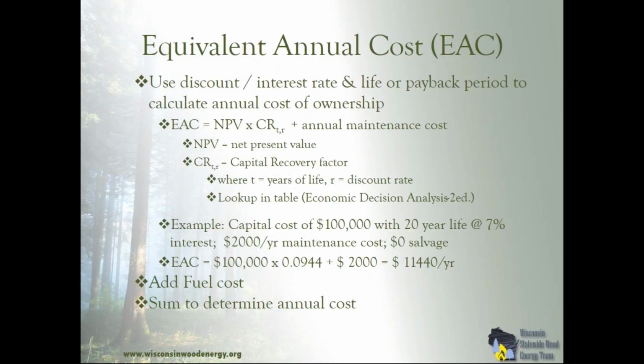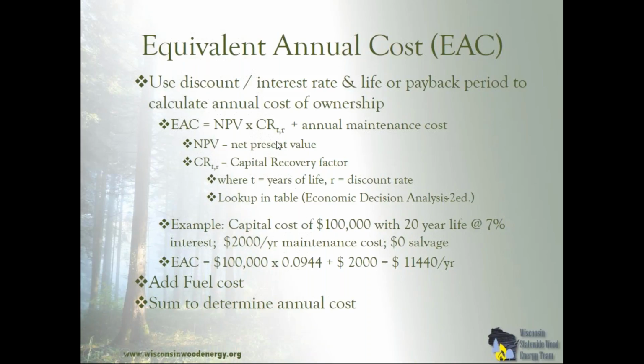One of the ones that I use kind of to figure out the annual cost is called the equivalent annual cost. So this uses a discount rate or the interest rate and the expected life or payback period of the equipment. So you're going to do a net present value analysis or your investment cost, depending on how you want to do it.